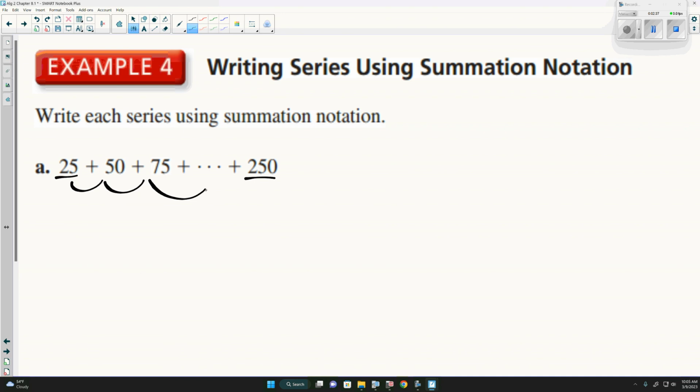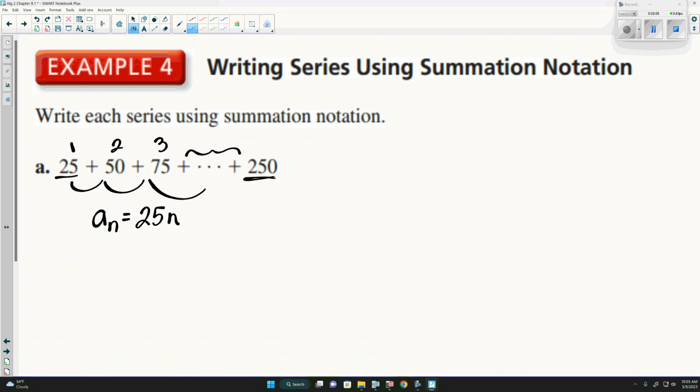So the rule for a sub n is going to be 25 times n. Because if n is 1, we get 25. If n is 2, 25 times 2 is 50. That's our second term. 25 times 3 is 75. So we do get our terms, yes? So this would be the first, this would be the second, this would be the third. And then we have a bunch in between.